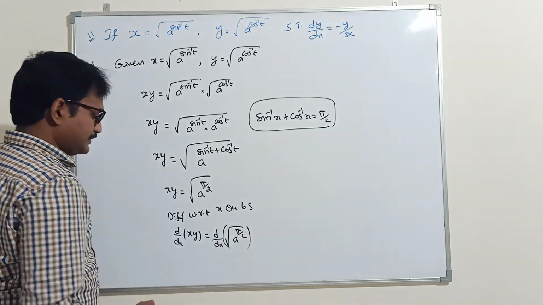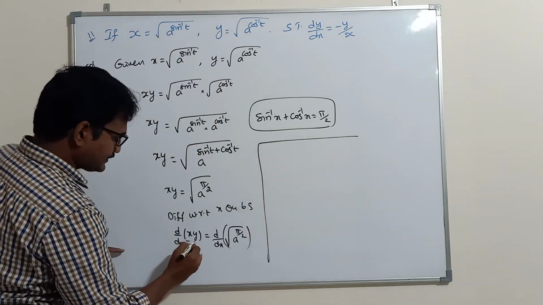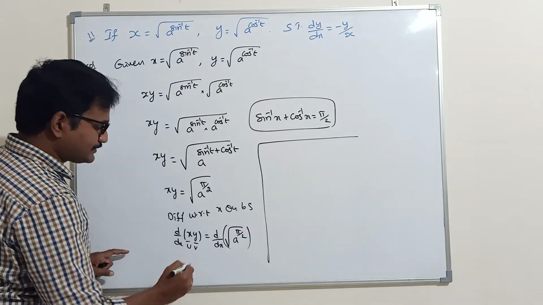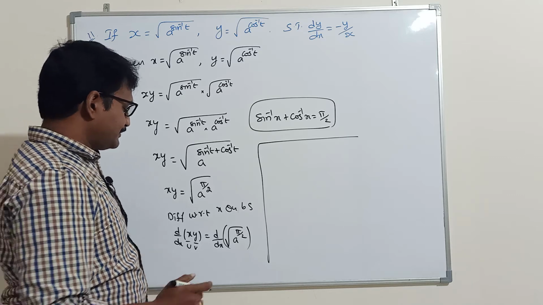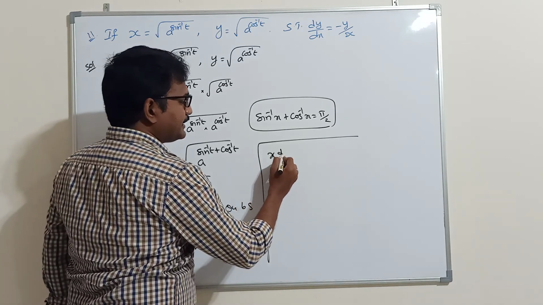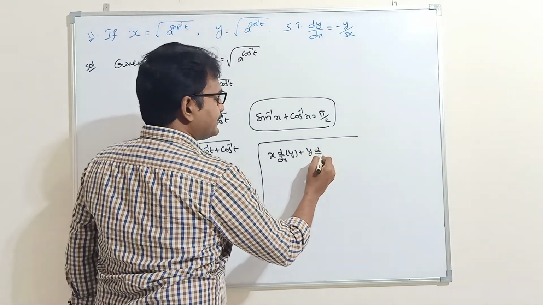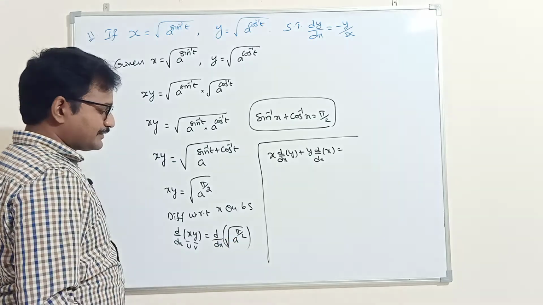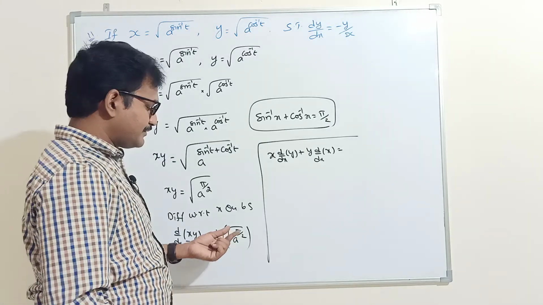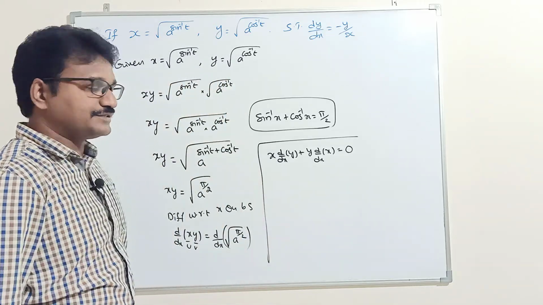Next, d by dx of xy: two different variables, so between them a product is there, so apply the UV rule. X into d by dx of y plus y into d by dx of x is equal to the derivative of root of a power pi by 2, which is a constant. The derivative of a constant is 0.